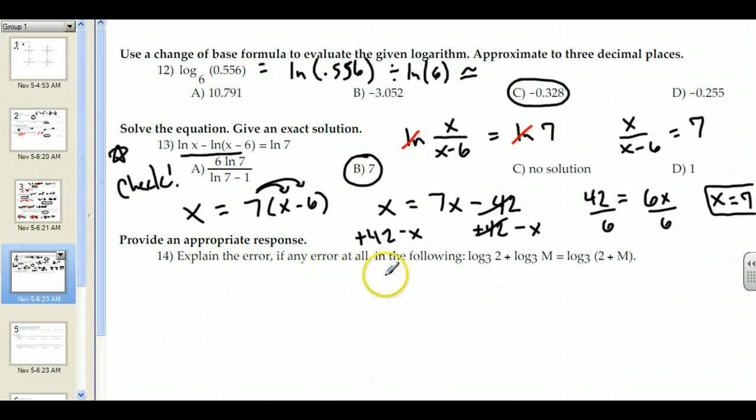Alright, explain the error, if any at all, in this following process. The error is when you combine this into a single log like they did, the 2 and the m get multiplied together, not added.